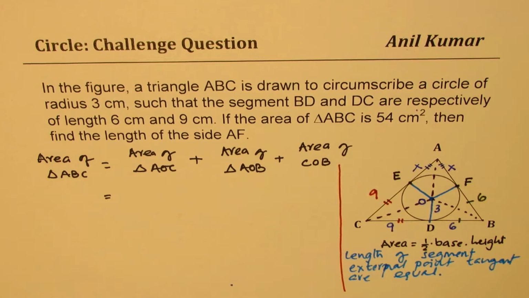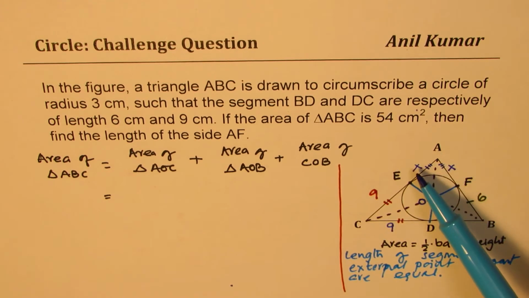I'm writing in short so that you can recollect. How did we get it? From C, both these tangents will be of equal length. These are congruent triangles, and therefore they will be 9 centimeters each. On this side, both will be 6 centimeters each, and from A, we have assumed the length to be X.